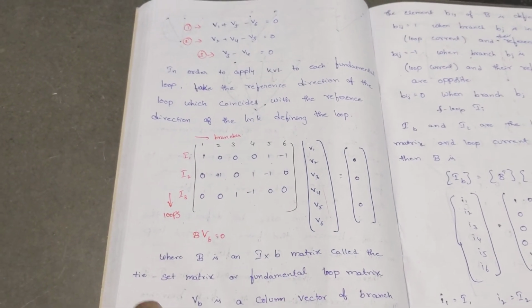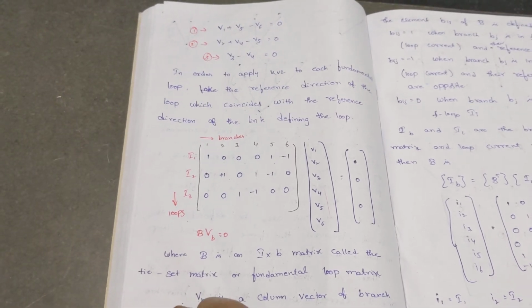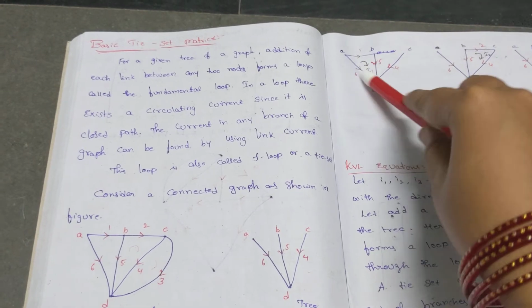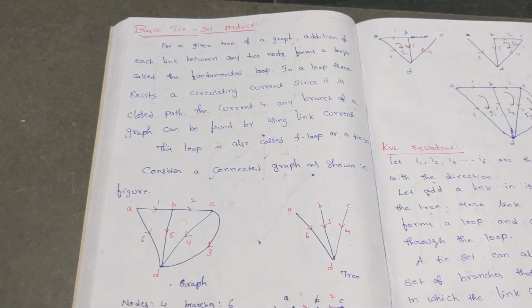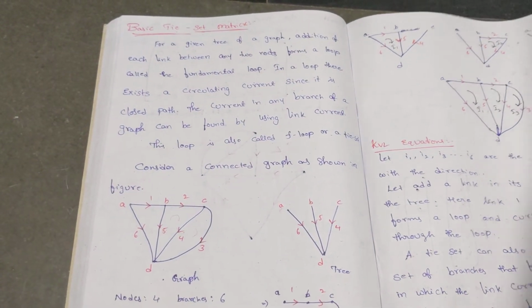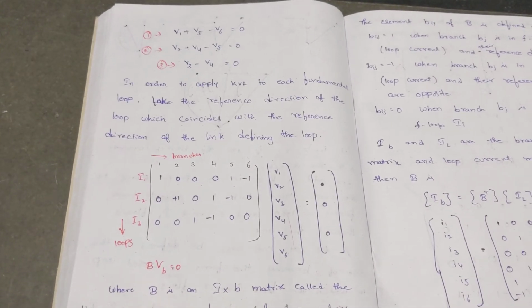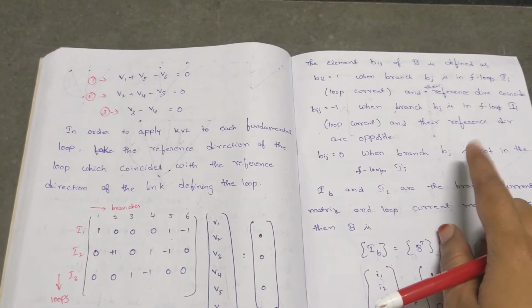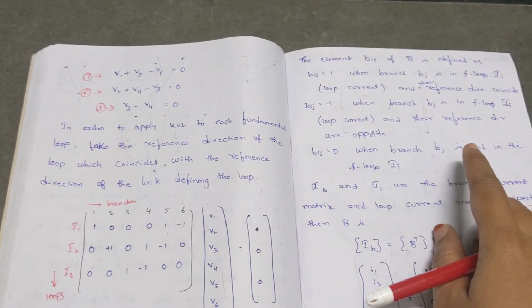And adding a single link to your tree, we call it a fundamental loop or F loop. By this we can draw the conclusions for the elements of your matrix B.